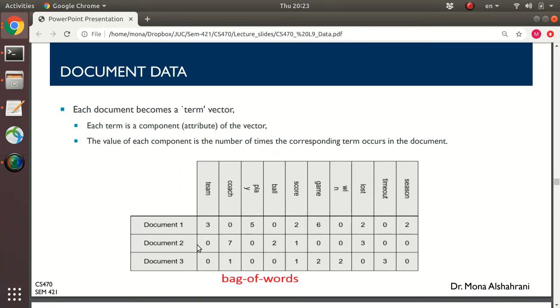So the value of each component is the number of times the corresponding term occurs in the document. This type of representation or encoding is called a bag of words, and it is a very well-known way of encoding text data.